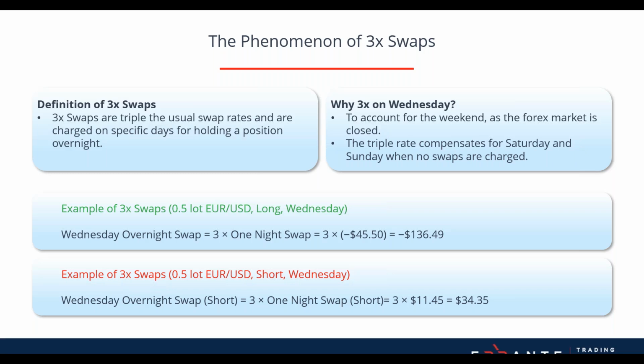For example, holding a half a lot long position in Euro USD overnight on Wednesday would result in a swap of $1,036.49, while a short position will result in a positive swap of 34.35. All right, listen up, guys. Let's put this into numbers.